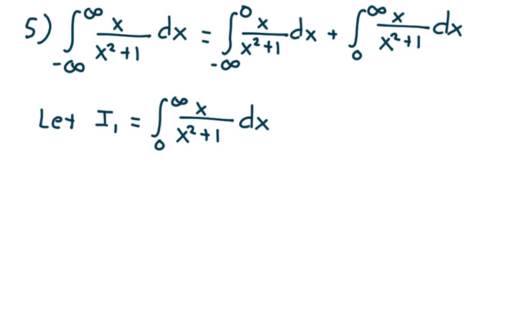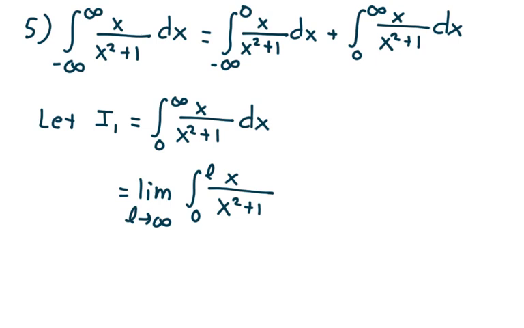That's how this is going to work. So we're going to check this first. Now, if it converges, we definitely have to check the other term. So this is the limit as L goes to infinity of the integral from 0 to L of x over x squared plus 1 dx.